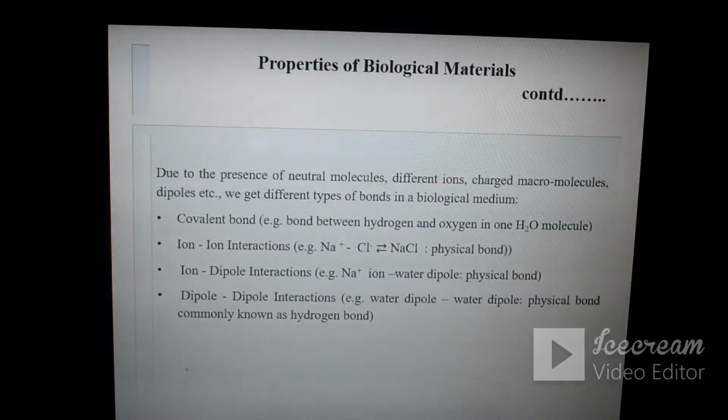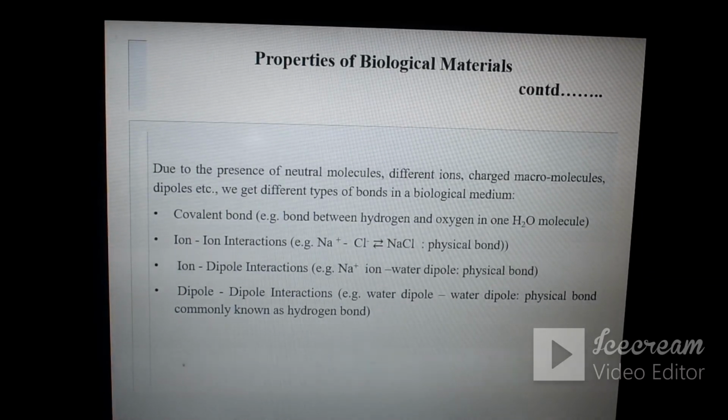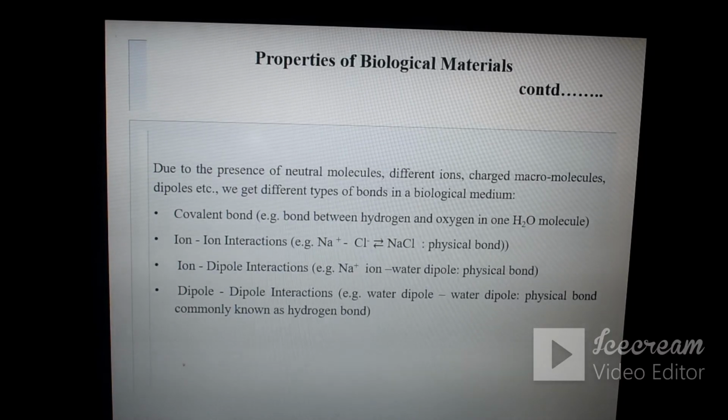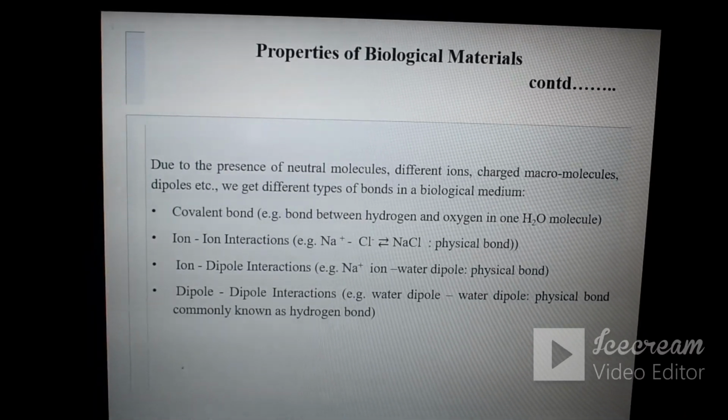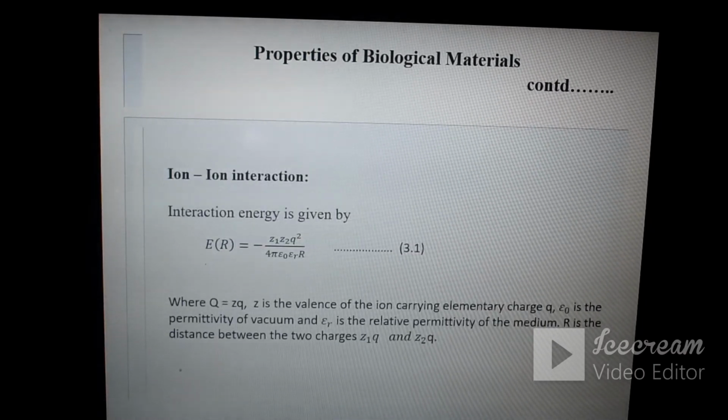Referring to ion interactions, let us see what is the energy between two ions. The interaction energy between two ions, suppose one sodium ion and one chlorine ion.